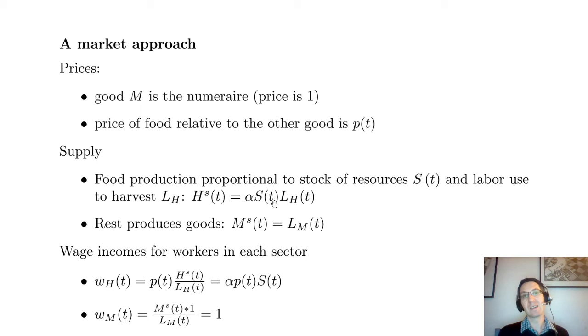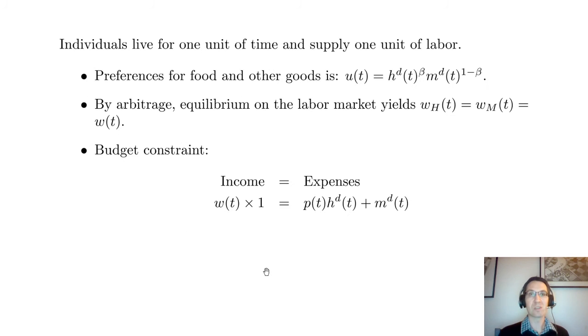However, I know this model dynamically, and I know that the more people go to work, the more I exploit the resource, and the lower the resource stock is going to be in the long run. So H is not going to increase as much as L increases in proportion. Then the ratio H over L is going to decrease, so W is going to decrease. This is what we mean when we say that in the long run there's equilibrium on the labor market. So all wages are the same; they're just WT.